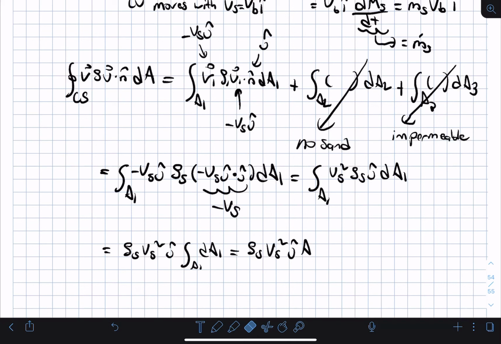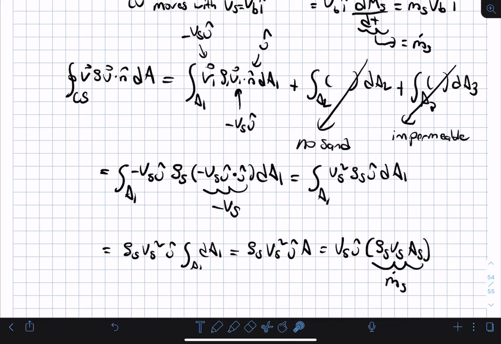Okay, and I'll just do some really light rearranging here. This will equal Vs j hat times rho s Vs A. Okay, and if we have uniform flow, what is the density times velocity times the area? That's just the mass flow rate of the sand falling through the surface, right?